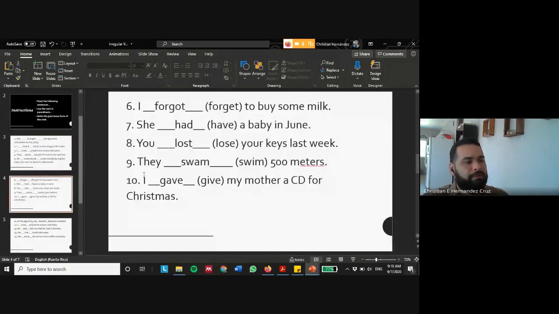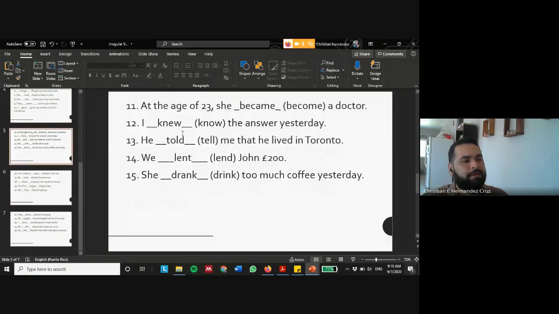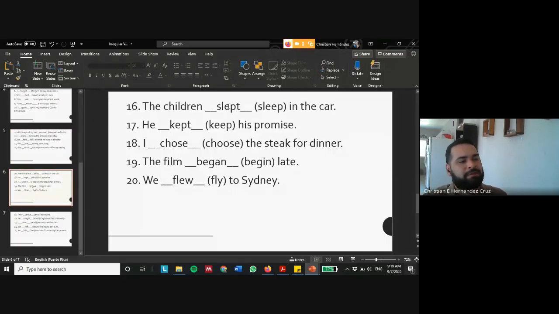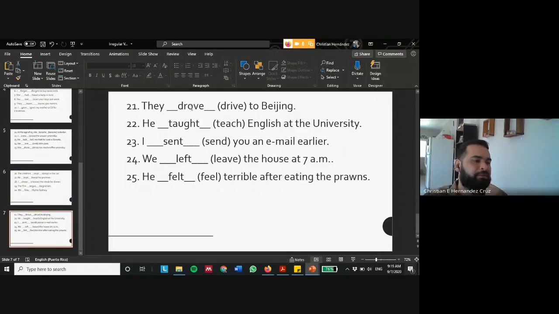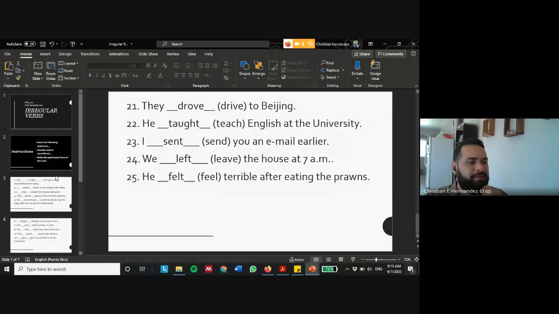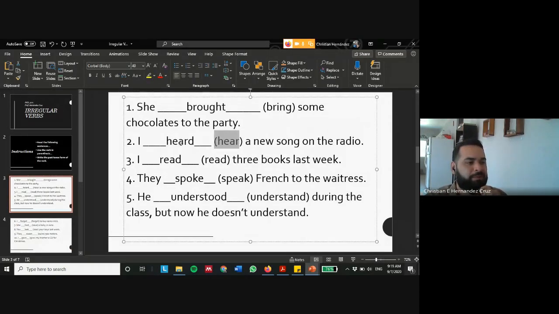I forgot, she had, you lost, they swam, I gave, she became, I knew, he told, we lent, she drank, the children slept, he kept, I chose, the film began, we flew, and finally they drove, he taught, I sent, we left, and he felt. Okay? These are irregular verbs. Those are the ones that you can't add D or ED to at the end, except this number 2 here, which becomes heard.